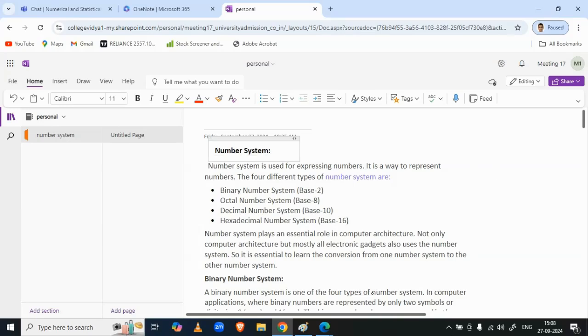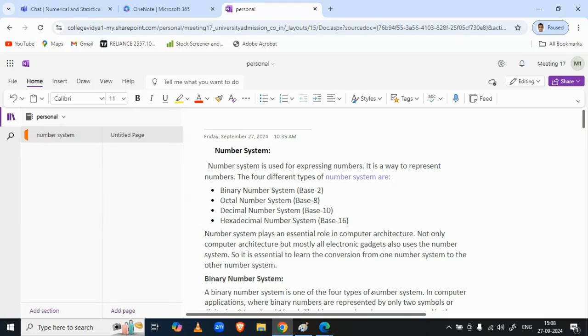The octal number system has a base of 8 because it contains 8 digits to represent this number system. The decimal number system has base or radix 10 because it contains digits from 0 to 9.